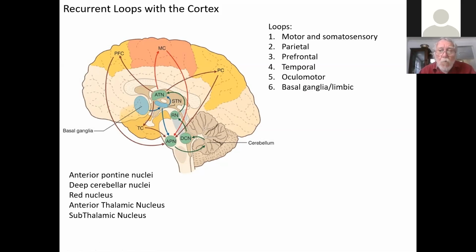And then what we have are prefrontal loops. Again, the AV nucleus of thalamus through the cingulate gyrus is going to be affecting the prefrontal cortex, the so-called executive branch of the brain in neuropsychology. And again, you can see that loop coming back into the anterior pontine nuclei that's either going to sustain arousal and attention.